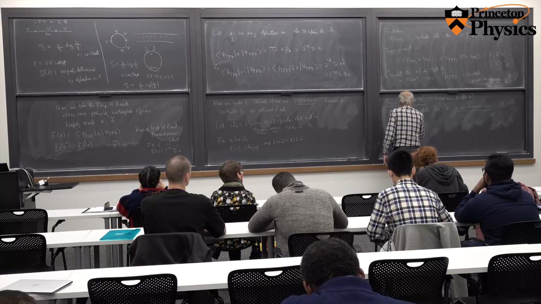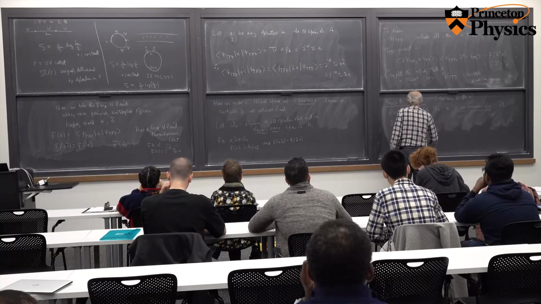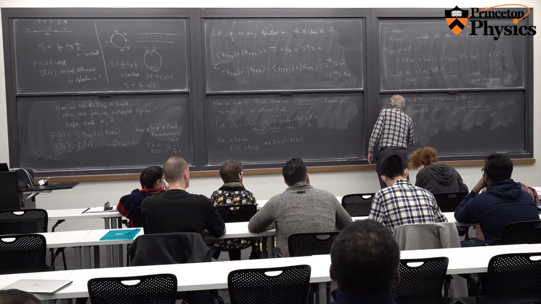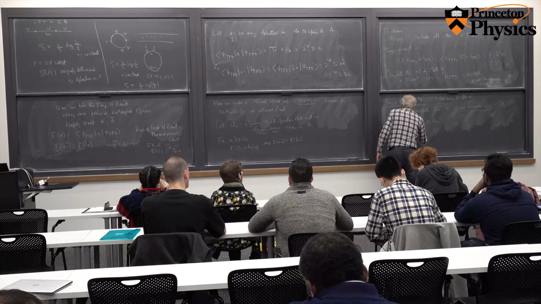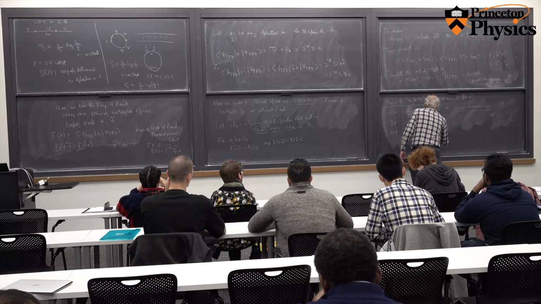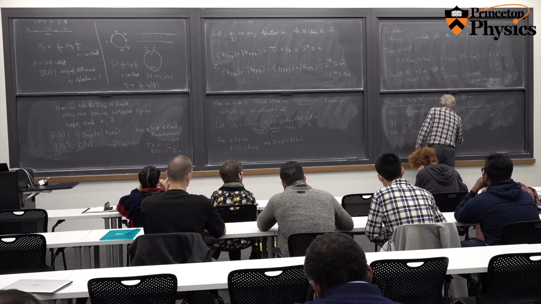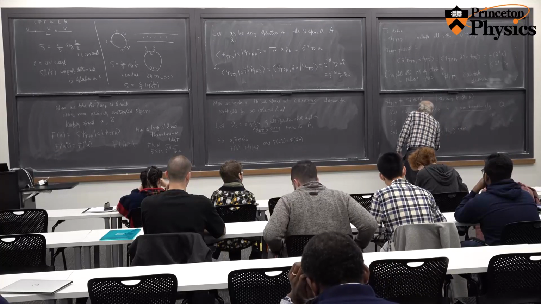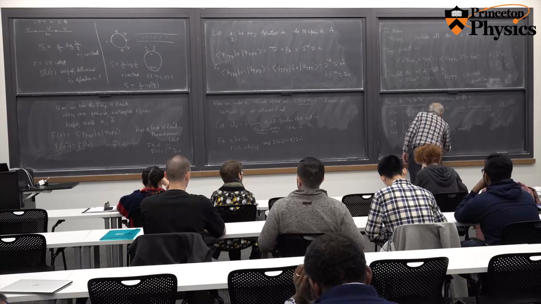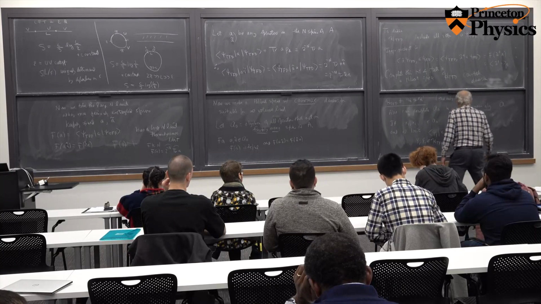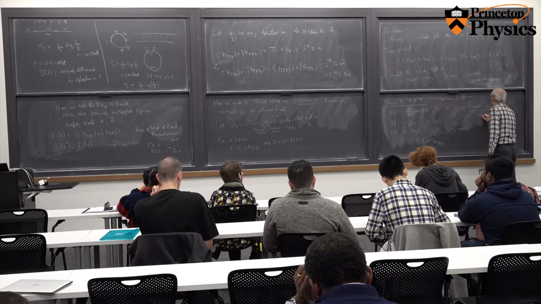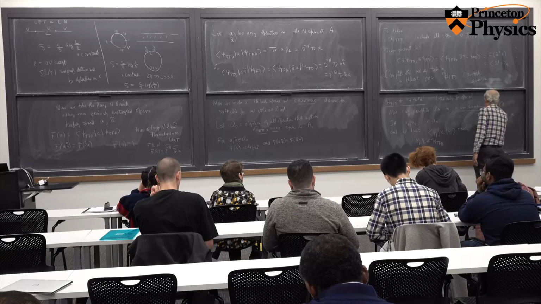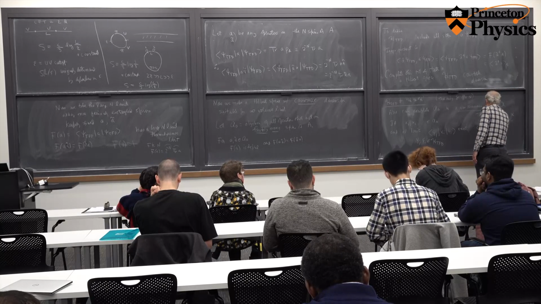So if we have a sequence of operators which are in A0, and all matrix elements exist, where psi1 and psi2 are in this thermofield double Hilbert space, then we define an operator X such that its matrix elements are given by those limits.